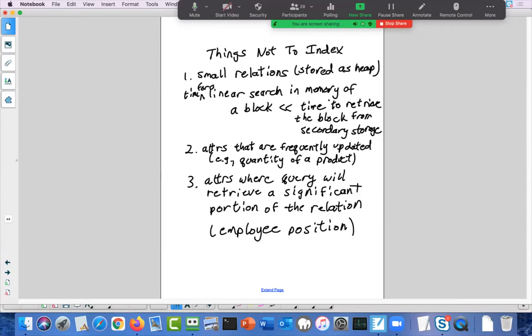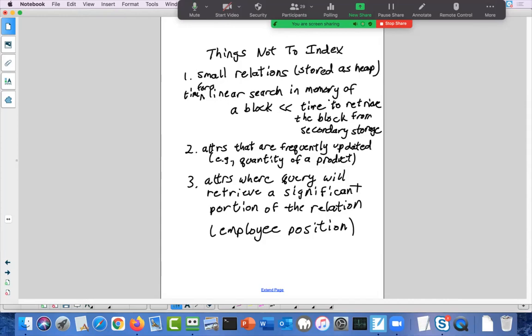All the employees who are an IT specialist will be together. So at least you'll only have to look at those blocks. So it's possible you'd put a cluster index on it if there was no other good attribute available for doing the clustering, but you wouldn't generally put a secondary index on it.